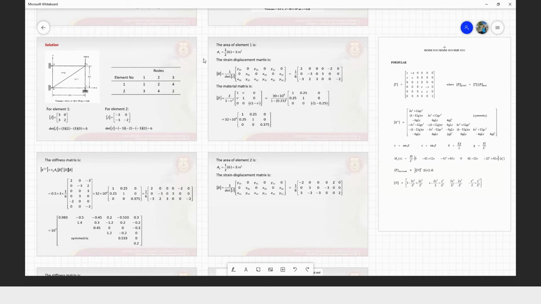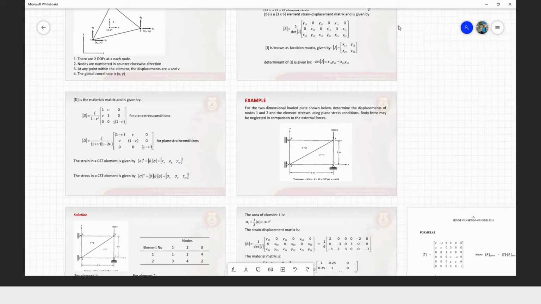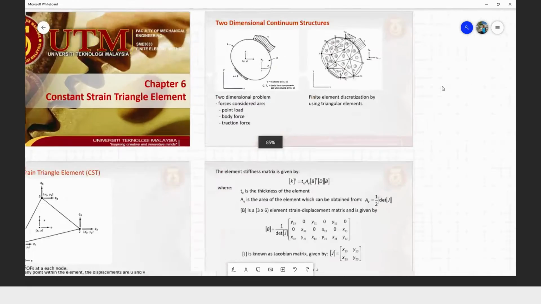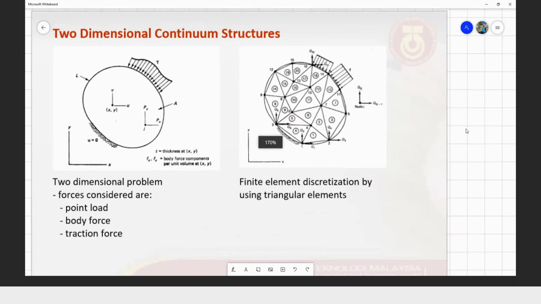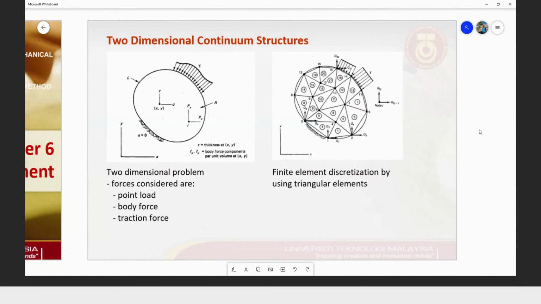So our duty today is to look at the CST. We have looked at the theoretical part of the CST, so I will briefly revisit what we have discussed before. What is CST and how is this CST different from the other finite element theory that we have learned in the previous topics? Actually, the CST is just a type of element.